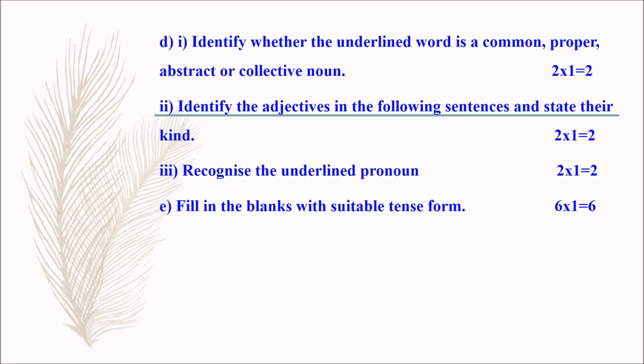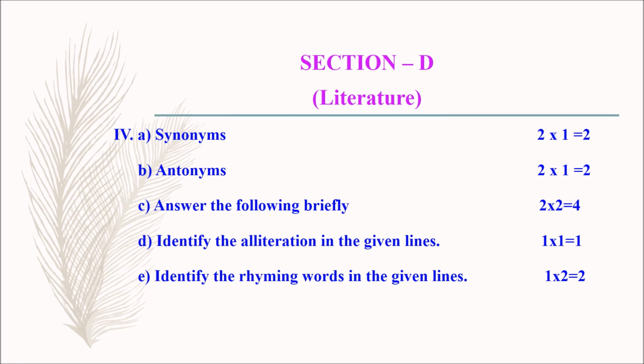Next one is fill in the blanks with suitable tense form. Here you will get 6 questions. Each question carries 1 mark. So totally 6 marks for tenses. Section D, Literature, Roman letter 4, Synonyms.